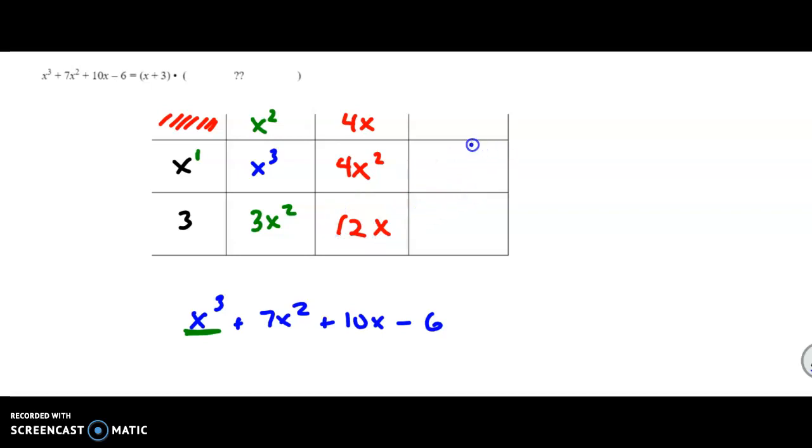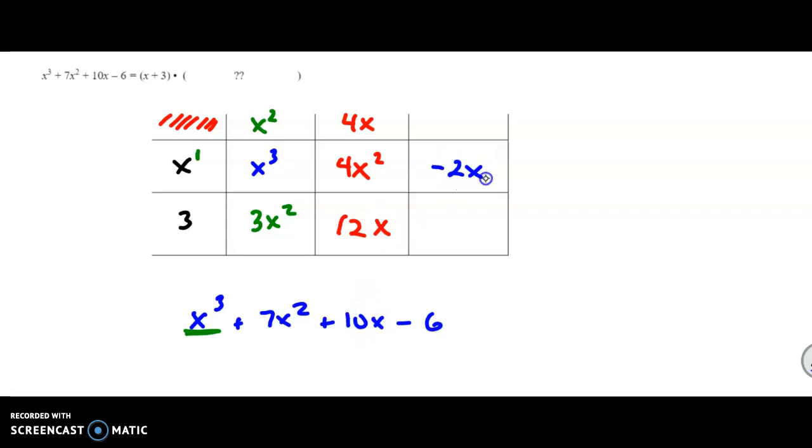If you can envision, or I'll draw it and then erase it again, right? So something plus 12x has got to equal a 10x. Now think about that. If this is a positive 12 and we're going down to positive 10, that must mean that this is going to be a negative value, right? And so that's got to be a negative 2x. Okay, so negative 2x plus 12x is going to give us this positive 10x.